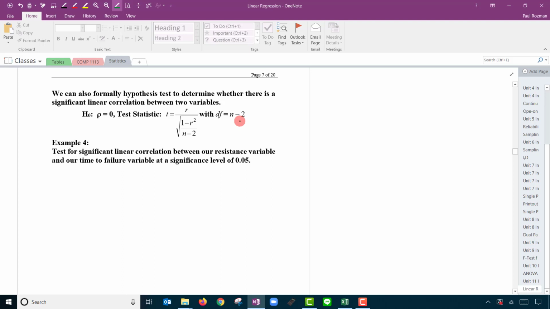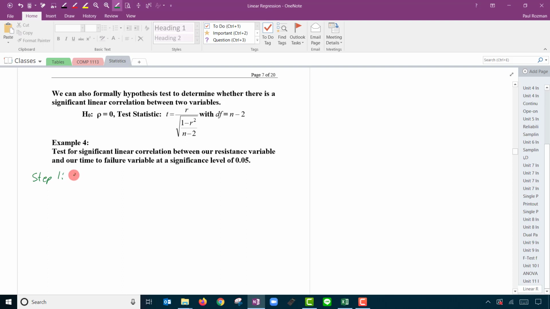If we're going to do this formally, we'd need our good old step 1, which is the claim. What is the claim here? That there is correlation or that there isn't? Maybe we'll say that there is, because it didn't really say in our example.